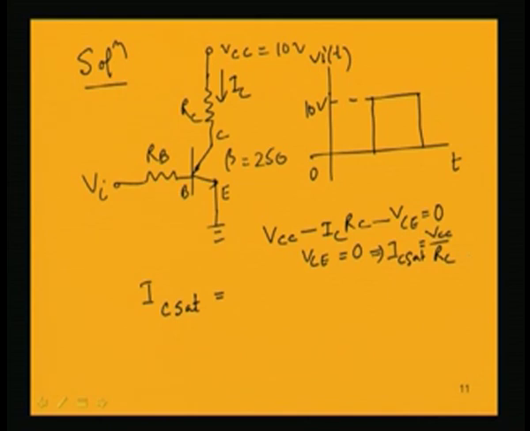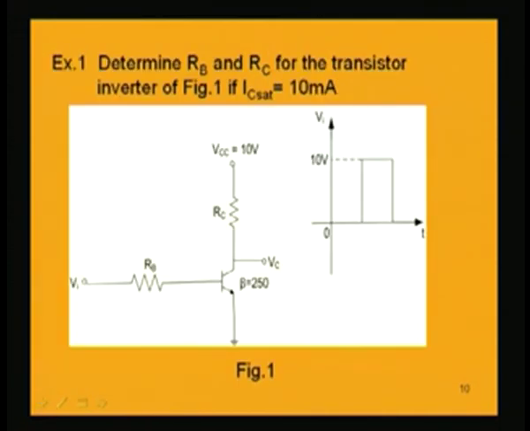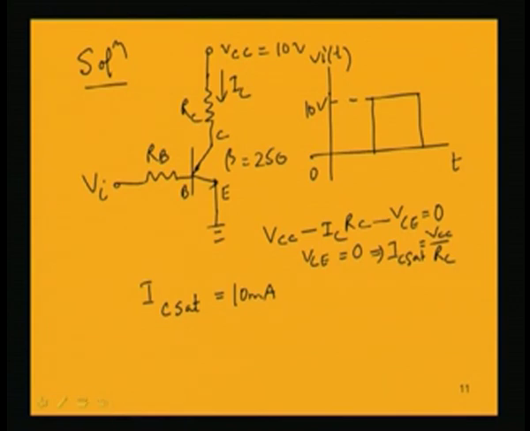Now, in this particular case IC sat is given as 10 milliampere, and RC can be found out first. So, RC equal to VCC by IC sat. VCC is 10 volt, IC sat is 10 milliampere, that means it is 1 k ohm.